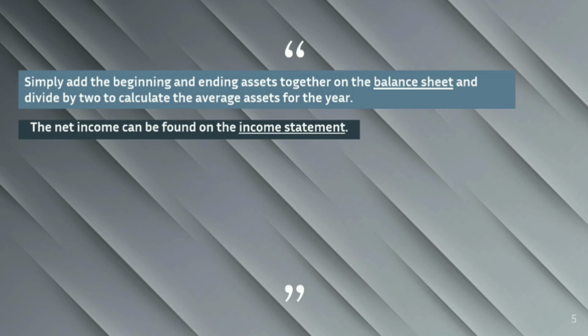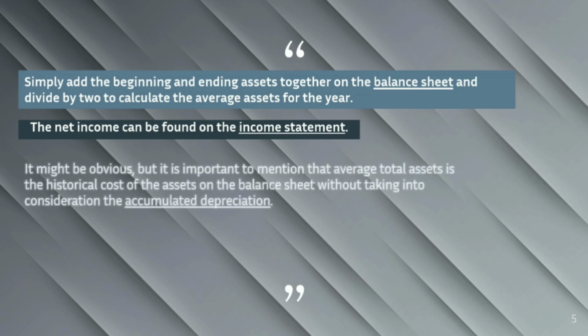It might be obvious, but it is important to mention that average total assets is the historical cost of the assets on the balance sheet without taking into consideration the accumulated depreciation. In short, the average total assets doesn't include depreciation, so no depreciation has occurred yet.